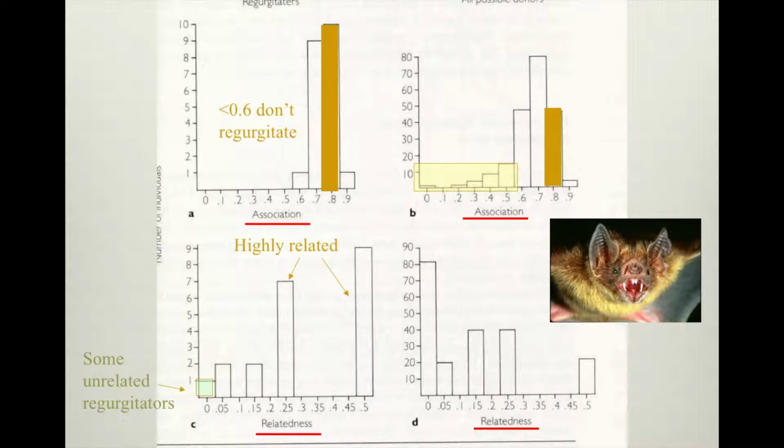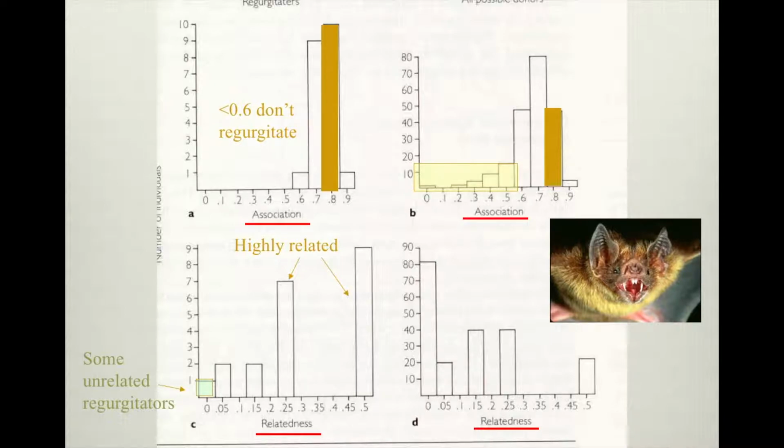It is also very likely that you will share food with individuals who are related to you at the 0.25 level. So this is half siblings, this is grandparents to grand-offspring, etc. And so when we stratify based on relatedness, we find some related, some unrelated regurgitators. These, of course, are the individuals who then are in close association.